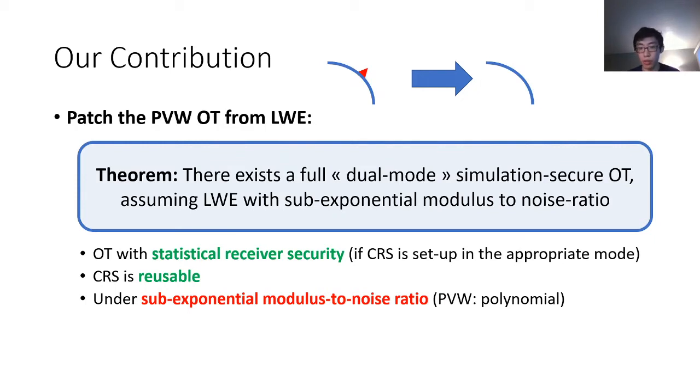And as far as I know, that's the first statistically secure OT that achieves the above. And the CRS is also reusable. So that removes the two main problems of the PVW instantiation from LWE. But this is at the cost of using a slightly stronger assumption, a slightly stronger flavor of LWE.